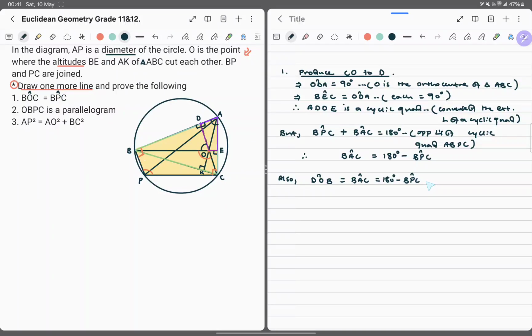Right. Why is this? This is the exterior angle of a cyclic quad. Maybe let's say exterior angle of cyclic quad. We name it ADOE because there's too many of them now. We need to be specific. Otherwise, it's ridiculous when you just say cyclic quad and we let the examiner figure it out.